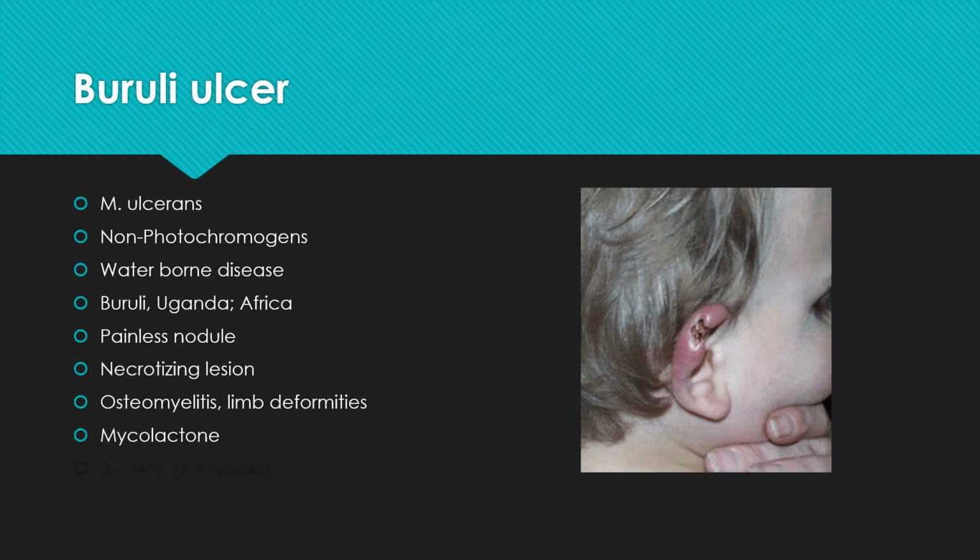This toxin may be involved in the pathogenesis of the disease. Mycobacterium ulcerans has a narrow temperature range for growth, that is 31 to 34 degrees Celsius, and it grows slowly. Colonies will appear in 2 to 4 weeks.